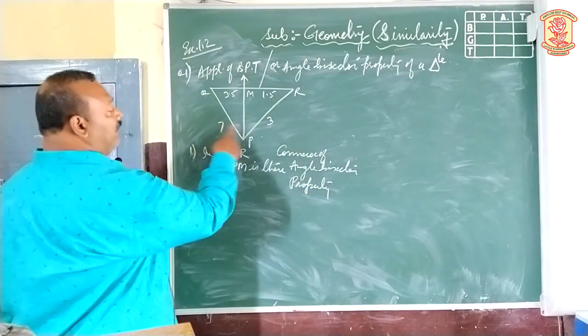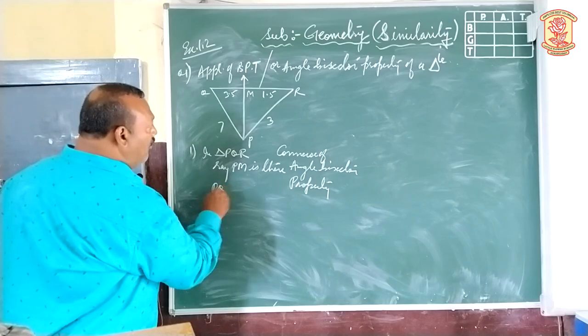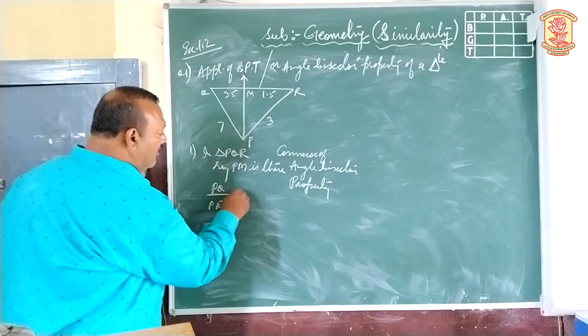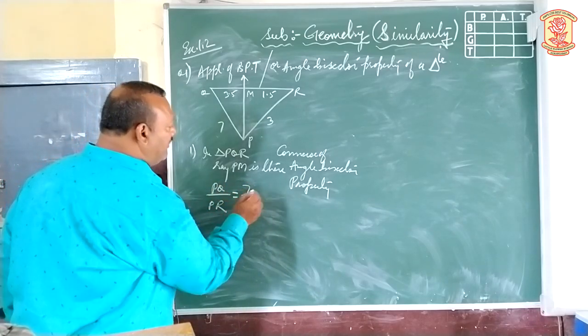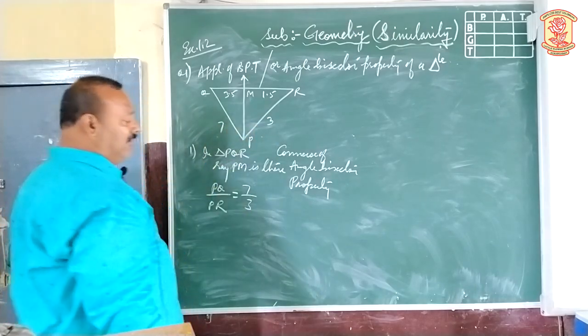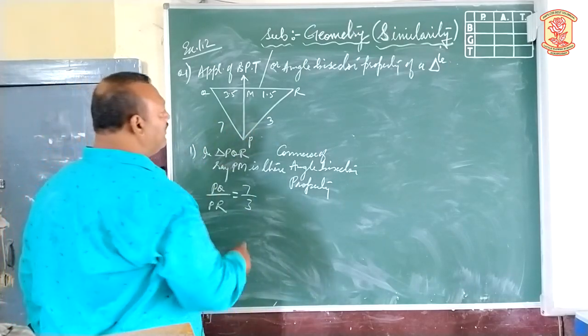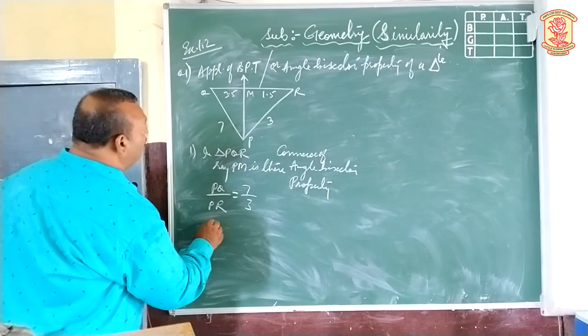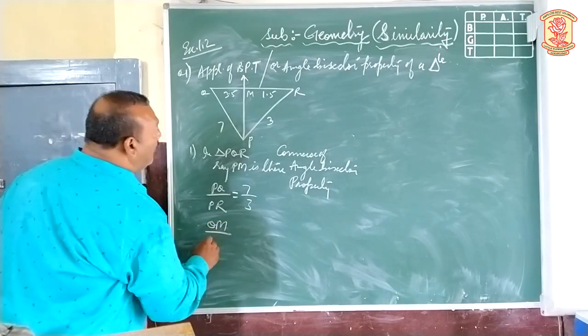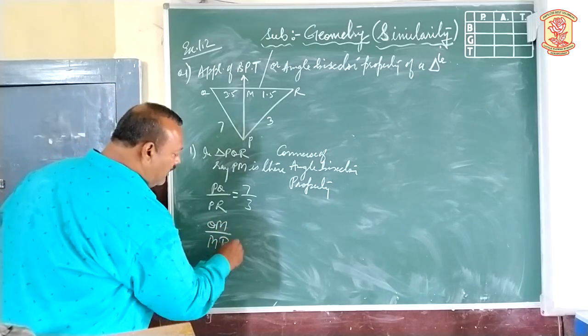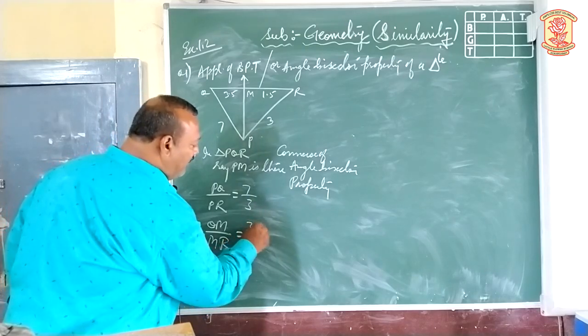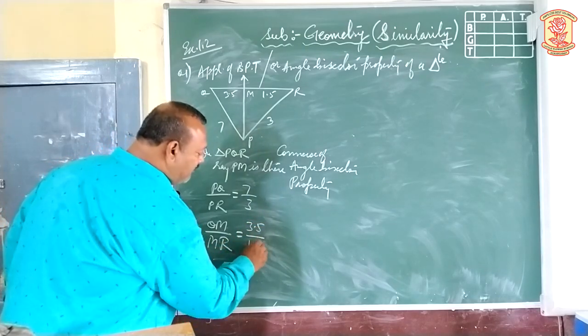Now see, the first ratio will be PQ upon PR. What ratio do we get? 7 upon 3. PQ upon PR is 7 by 3. Second will be QM upon MR. QM is 3.5 upon MR, that is 1.5.